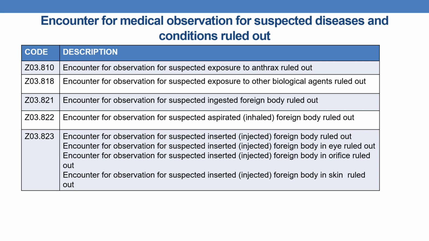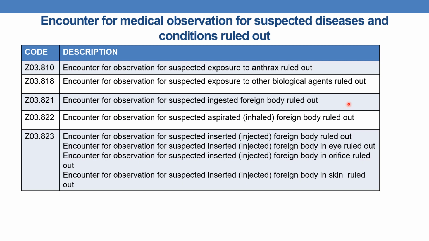The next code is Z03.810, encounter for observation for suspected exposure to anthrax ruled out. The next is Z03.818, encounter for observation for suspected exposure to other biological agents ruled out.